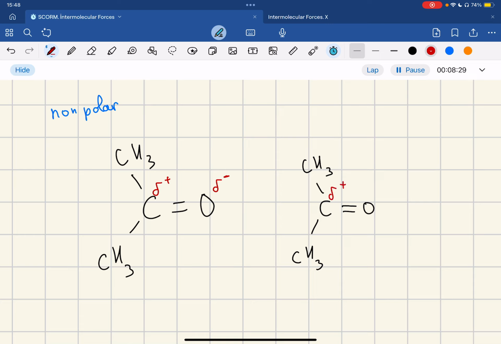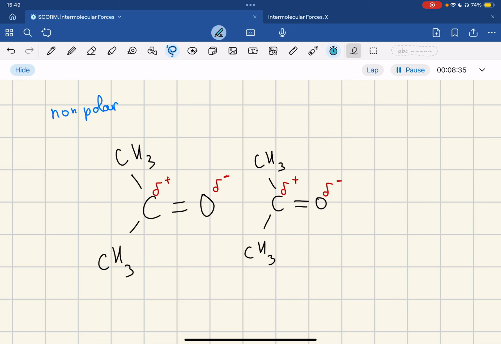We have partial positive and partial negative, but these ones will cancel each other out. We don't need to worry about those. Overall, we have polar molecules. So we will have dipole-dipole interactions in here. Also, we have London dispersion for sure because it's in all molecules. Thank you.